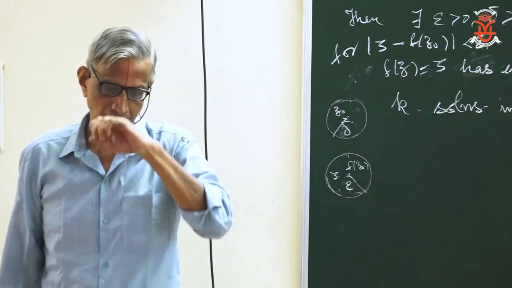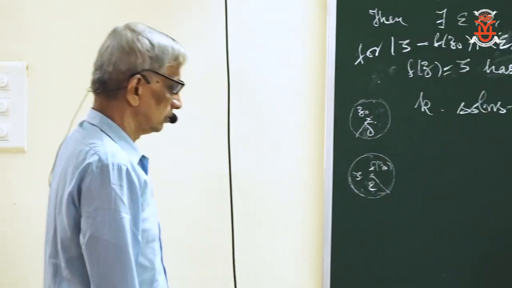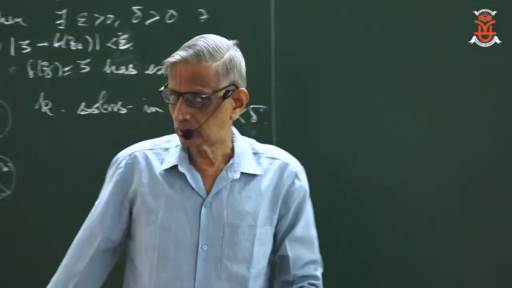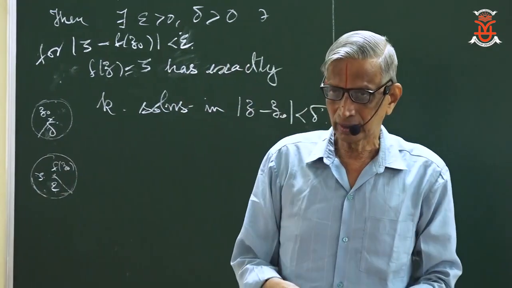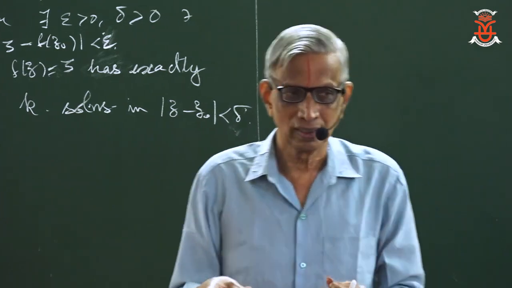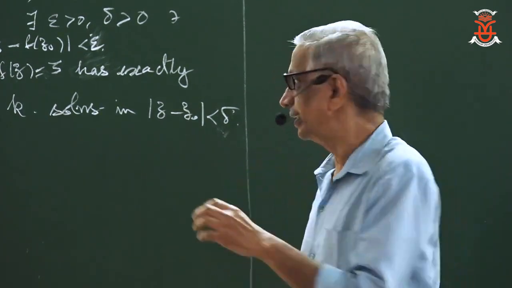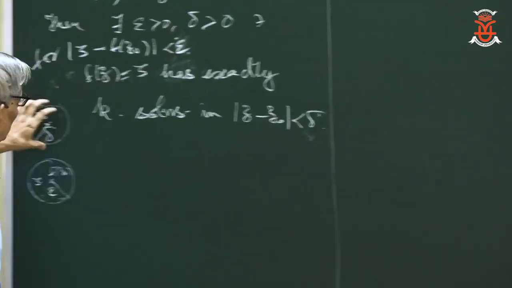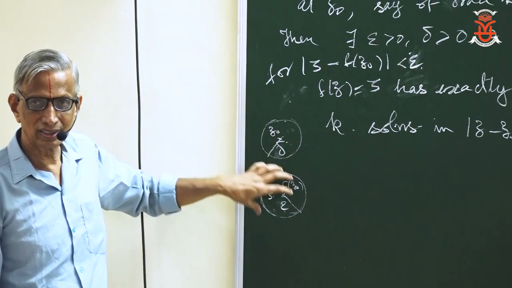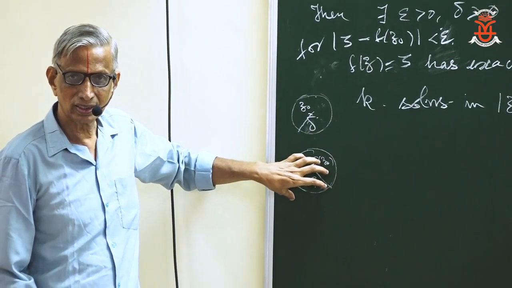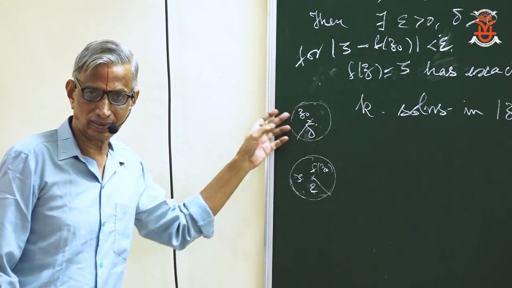Okay? So in particular, f is an open map. If you take z naught, and I take a neighborhood of z naught, the image contains an open set around f(z naught).